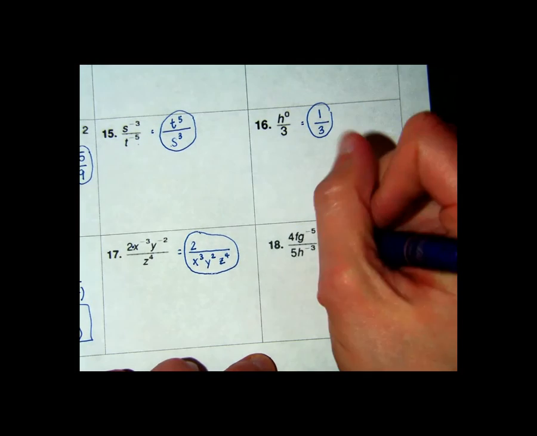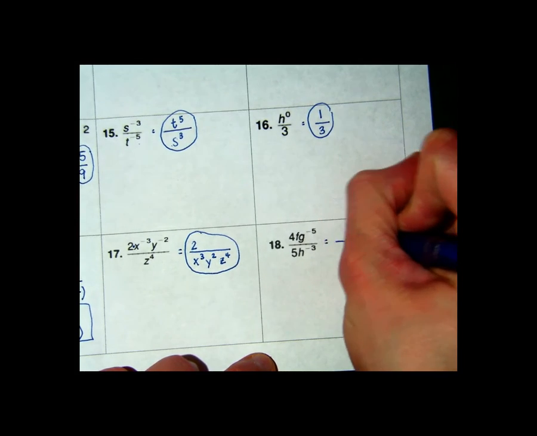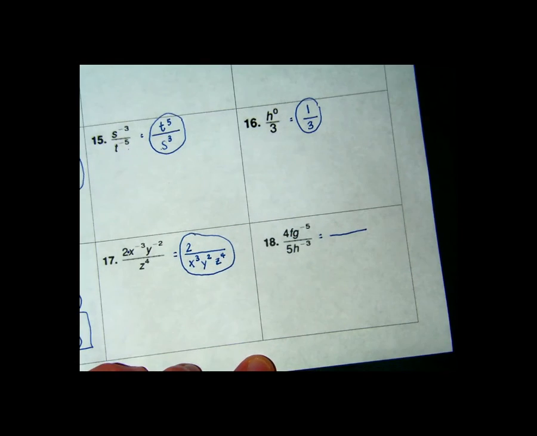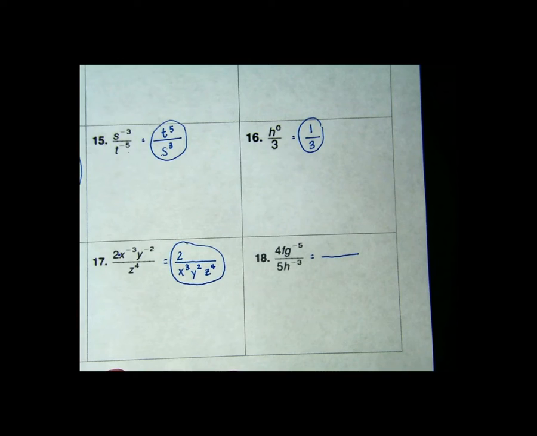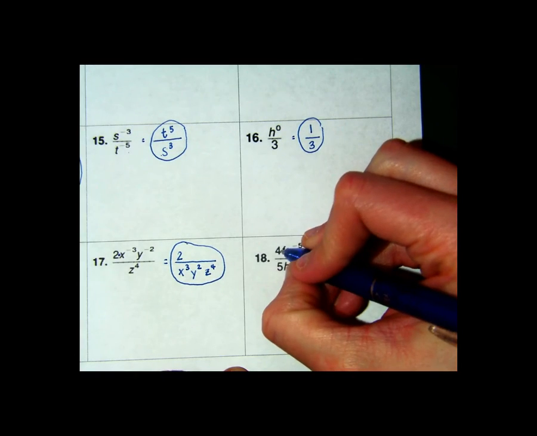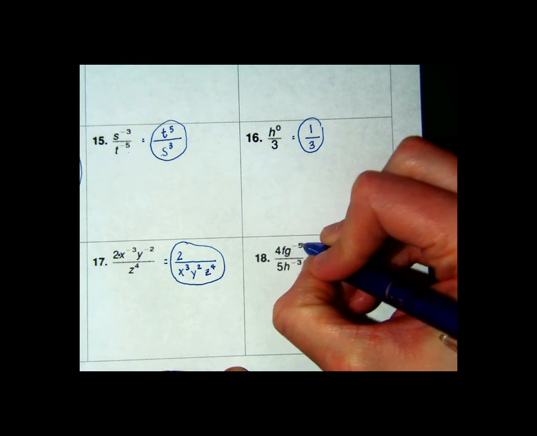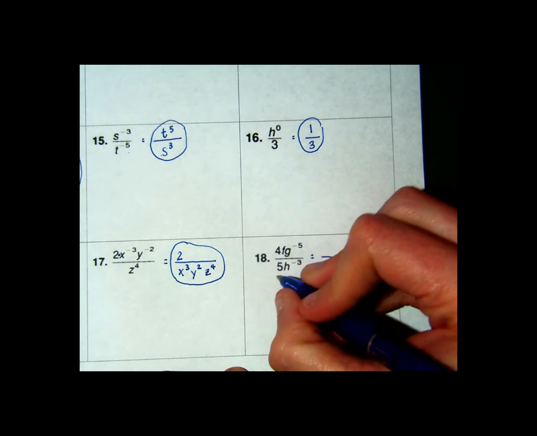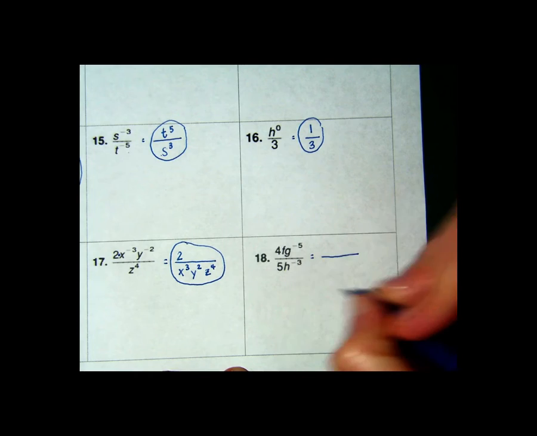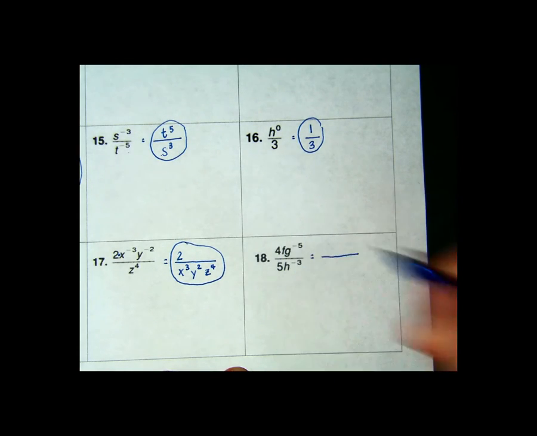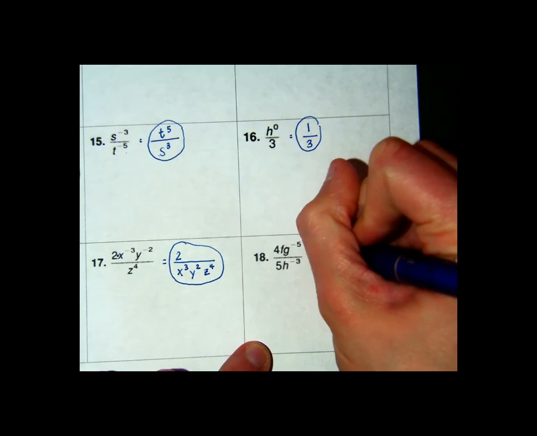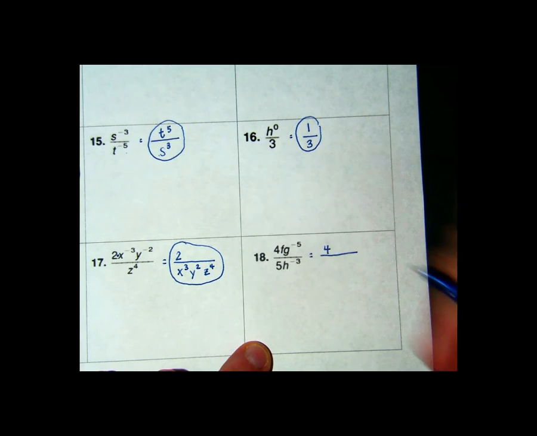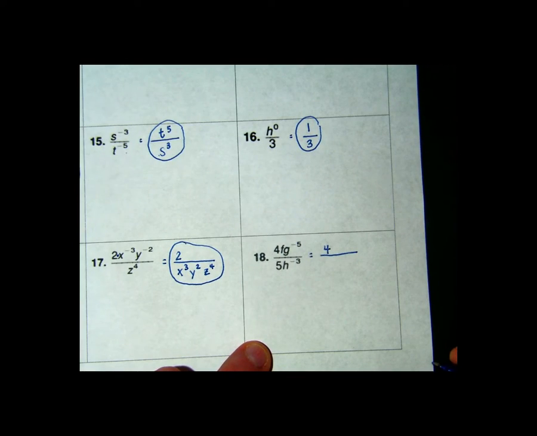Number 18. Likewise, I'm going to look at every piece. It's a good idea to pause this video and try this one out. I have 4 times f times g to the negative 5th divided by 5 times h to the negative 3rd. I'm going to work with the numerator first. 4 does not have a negative exponent directly tied to it, so I'm just going to bring it over.